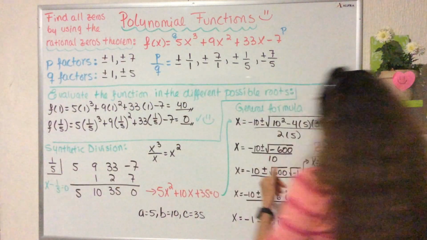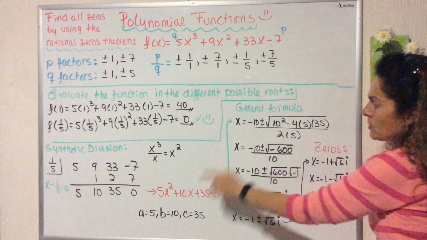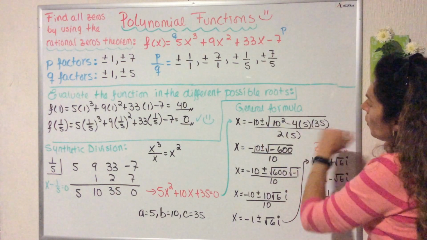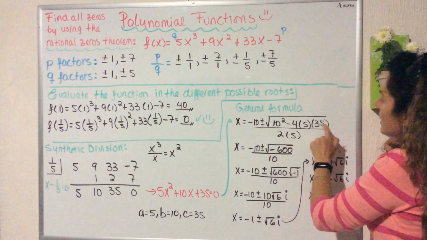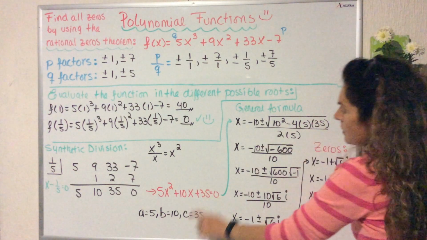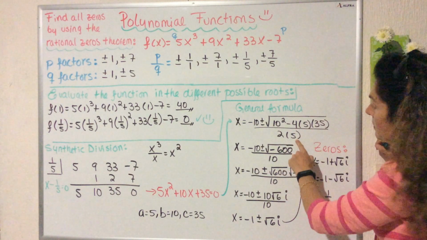Okay? Now, check, dear students. We have x equals minus 10, which is b, minus b, remember, plus or minus the square root of b to the second, which is 10 to the second, minus 4 times a, which is 5, times c, which is 35, divided by 2a. So we have 2 times 5.